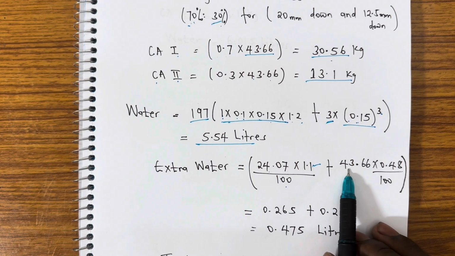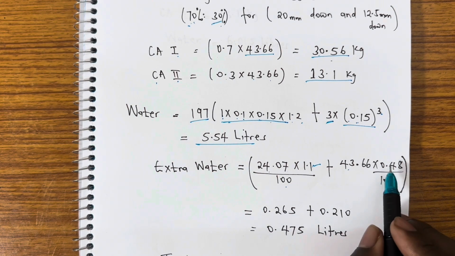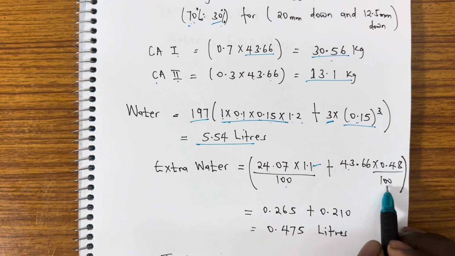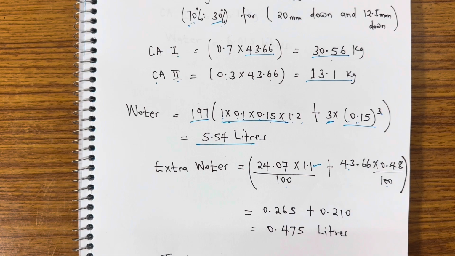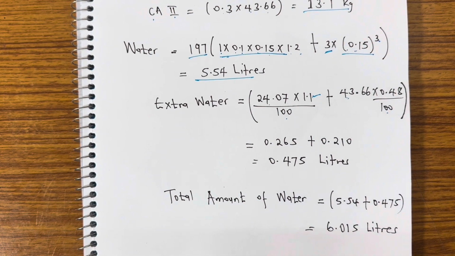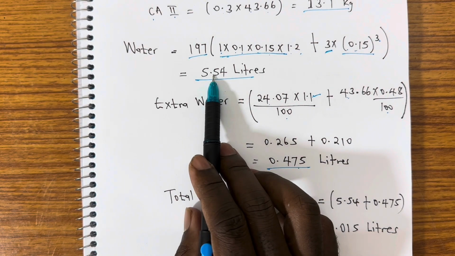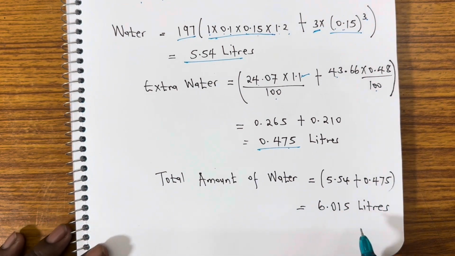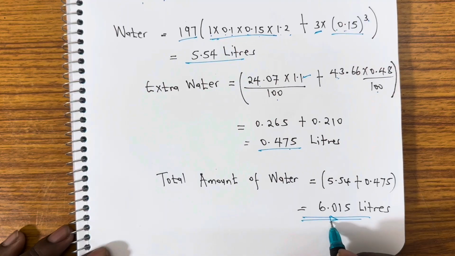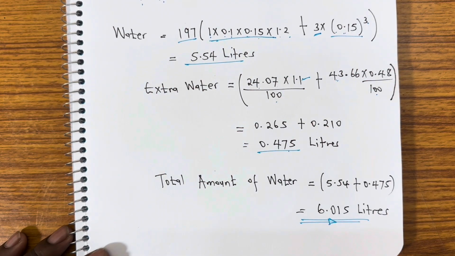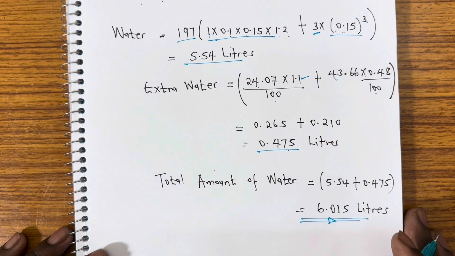Then for coarse aggregate is 0.48%, which is the same as 0.48 divided by 100 times 43.66. So this is what we have. So that means our extra water is coming to 0.475. So add it up to this water that we have obtained. That will give you the total amount of water that we require for casting one beam and 3 cubes.